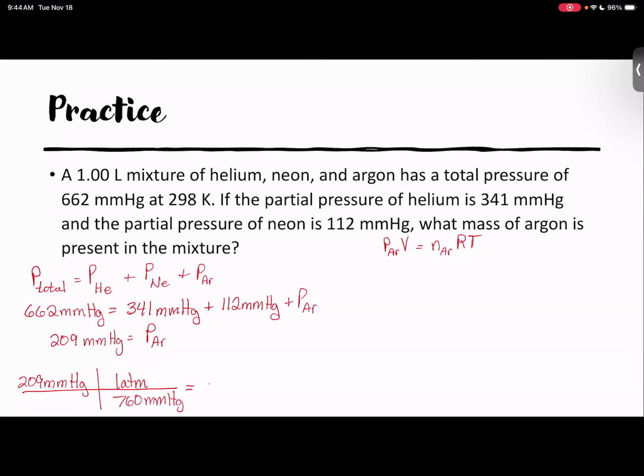And I get a value of 0.275 atmospheres. 0.275 atmospheres times the volume of 1 liter is equal to the moles of argon times 0.0821 atmosphere liters per mole Kelvin times 298 Kelvin. I then can solve for the moles of argon.